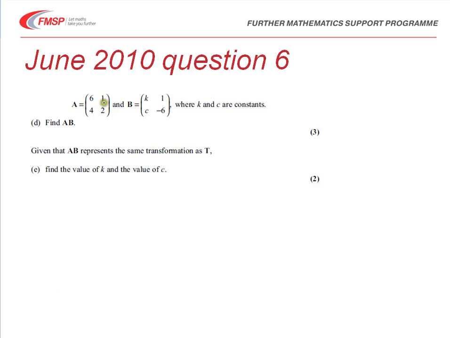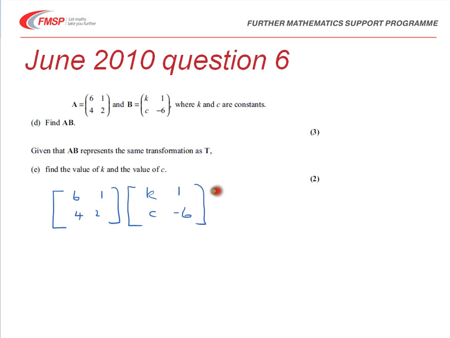So here we are then, first of all finding AB. So this is just a case of writing down AB, 6, 1, 4, 2 multiplied by, we've got some algebra in here, k, 1, c, and negative 6.